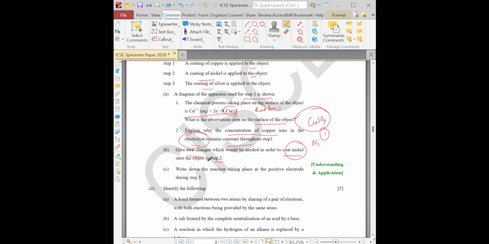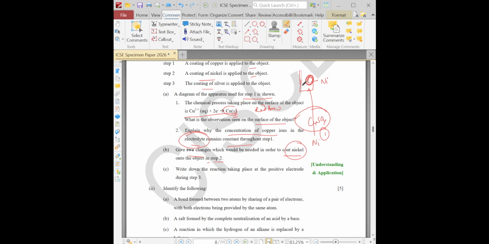So the next change we have to make is to replace the copper here. Now look here, here there is the metal, so here nickel is getting deposited. Okay, now this nickel electrolyte you have changed, right. Now from where is this nickel going to come?